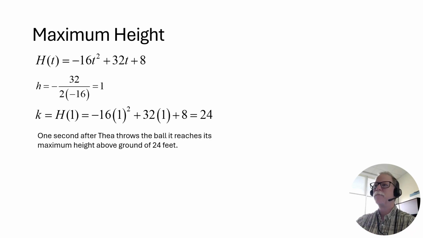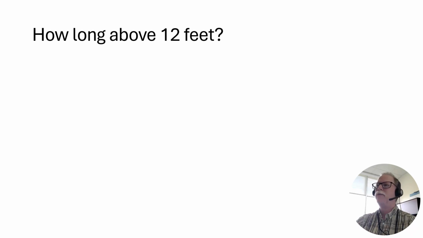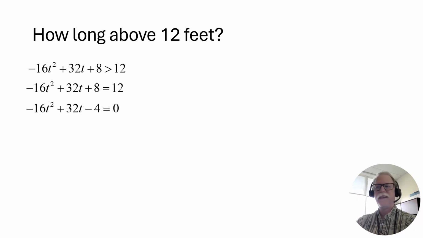Like that. Last question, above 12 feet. This is going to be an inequality. And what I suggested in Unit 1 for these more complicated inequalities is to just set it equal to 0 and solve it normally. And then at the end, think about what the greater than or other inequality might mean.